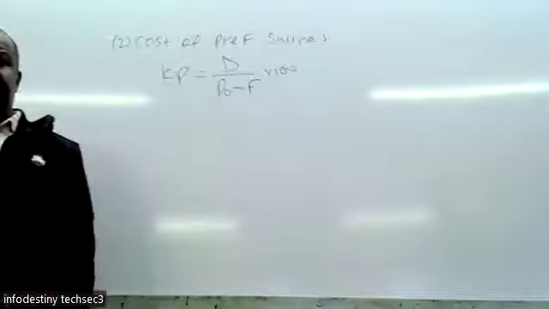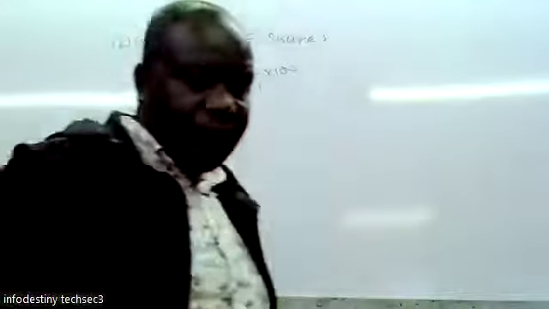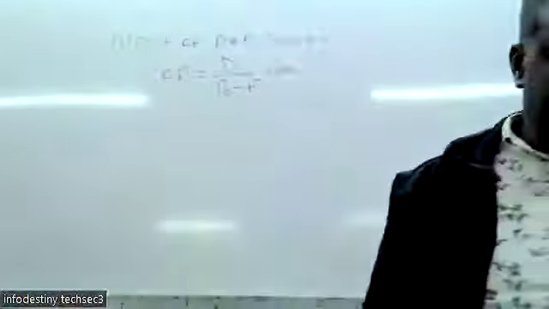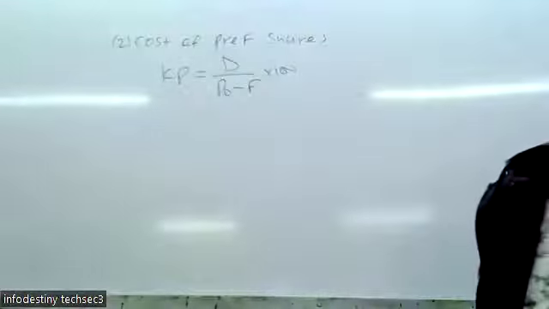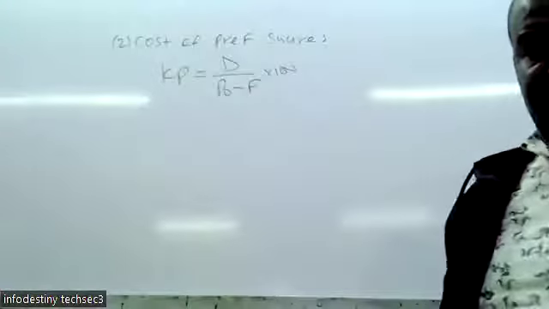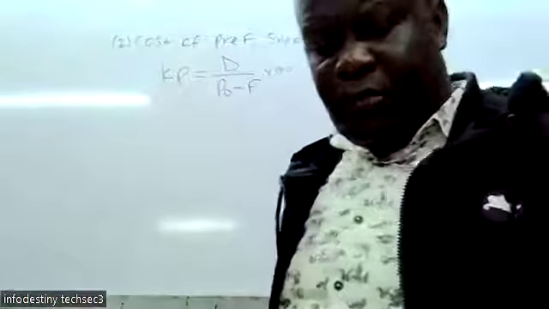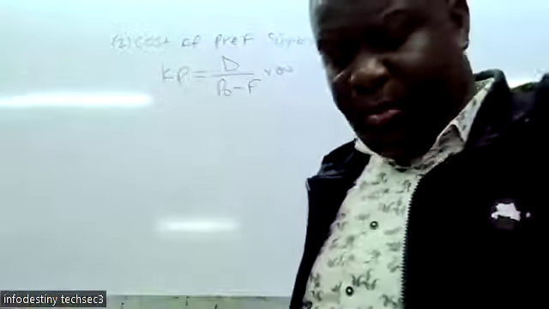I'm simply giving the formulas on how to compute each one of them. After the cost of the preference share, we also got number three, which is the cost of the debenture or the bond.